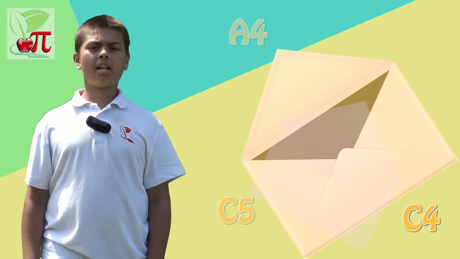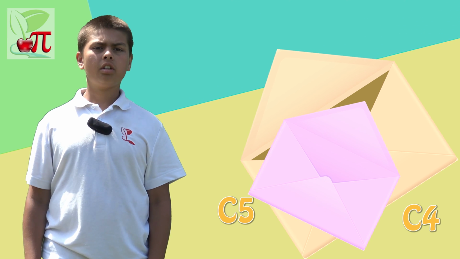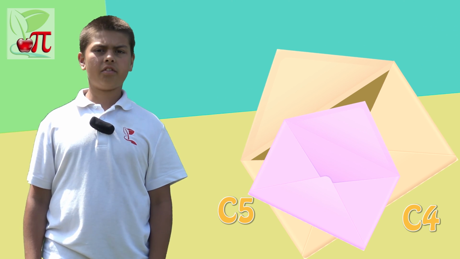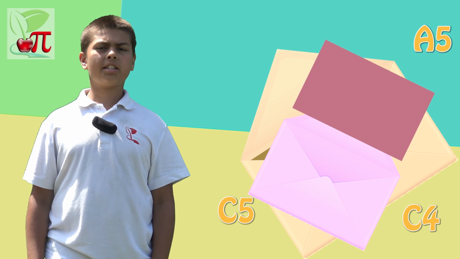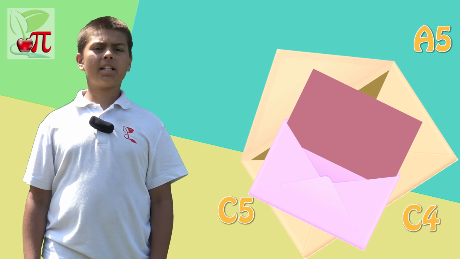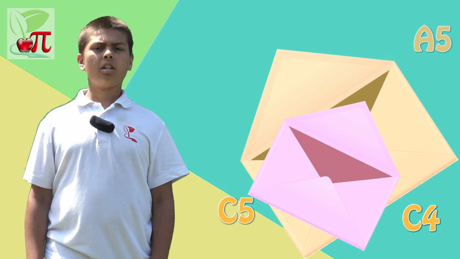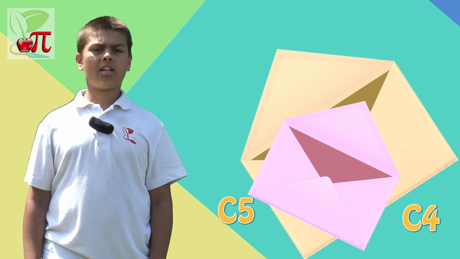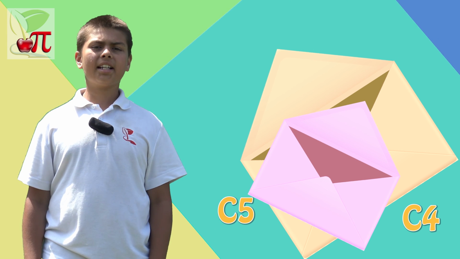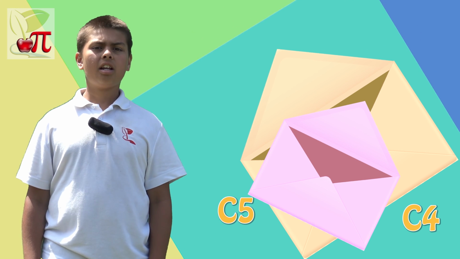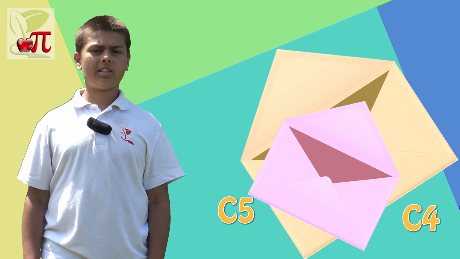For example, if an A4 page is folded in half so that it is A5 in size, it will fit into a C5 envelope, which will be the same size as a C4 envelope folded in half. The lengths associated with the C series envelope are approximately 10% larger than the corresponding A series sheets.